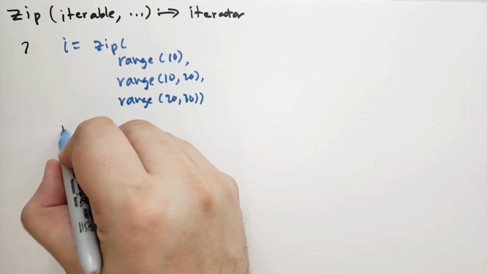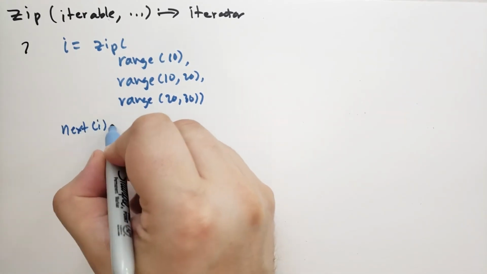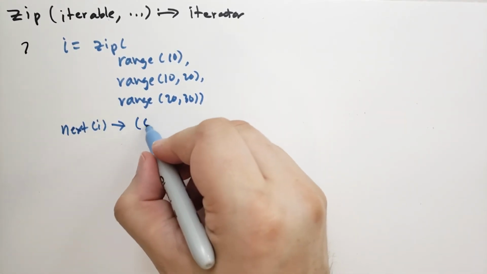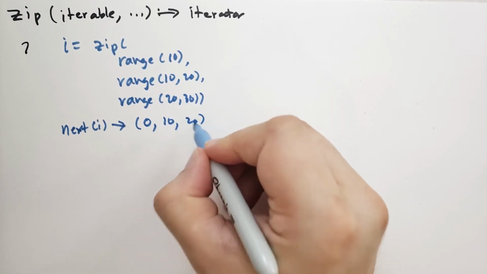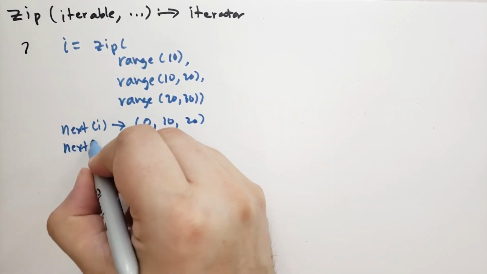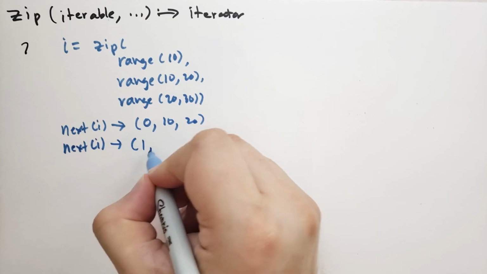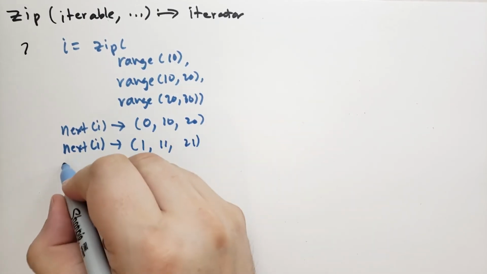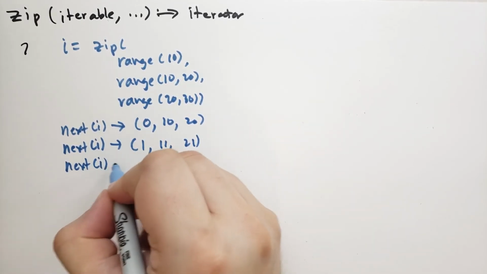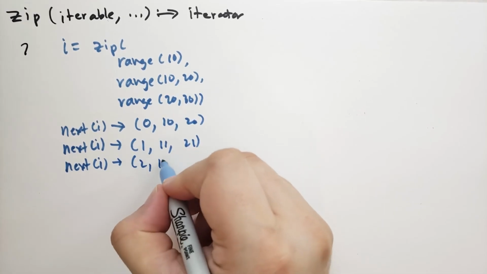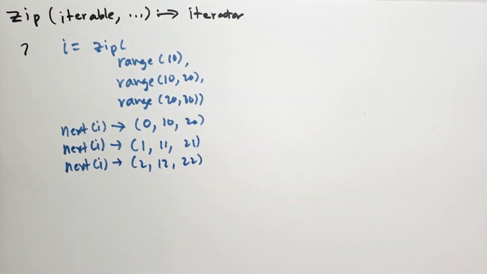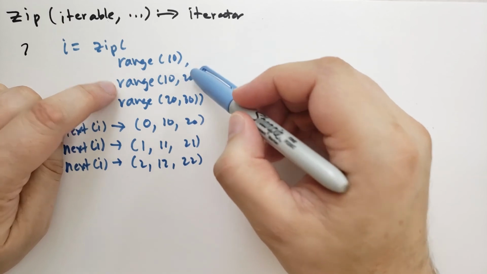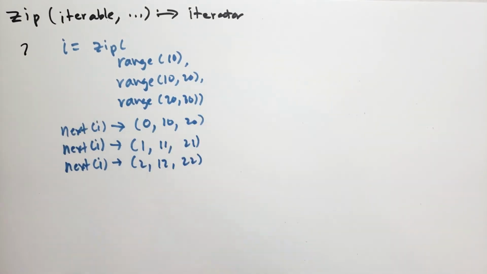What this will return for the first element will give you a 0, 10, and 20. And if we call it again, we'll get 1, 11, 21. And if we call it again, we'll get 2, 12, and 22. Okay, so it's just iterating at the same time through each of these elements and returning a tuple that's joined together of those things. All right.